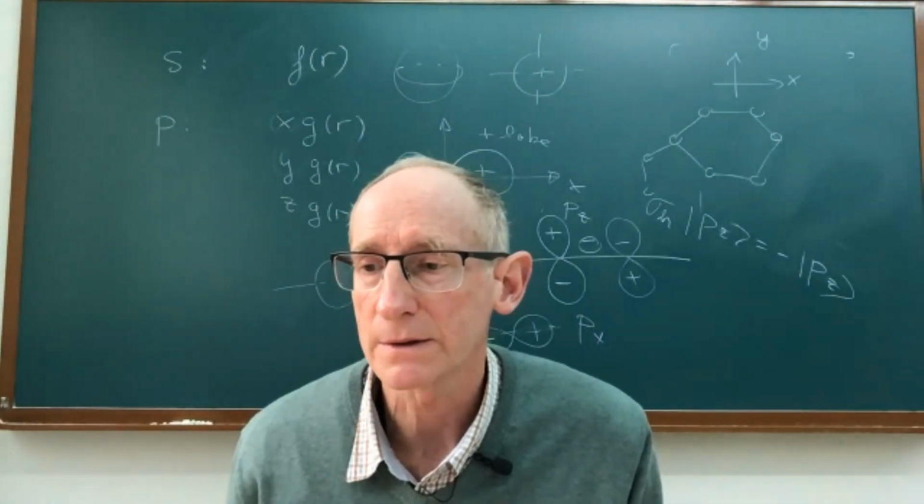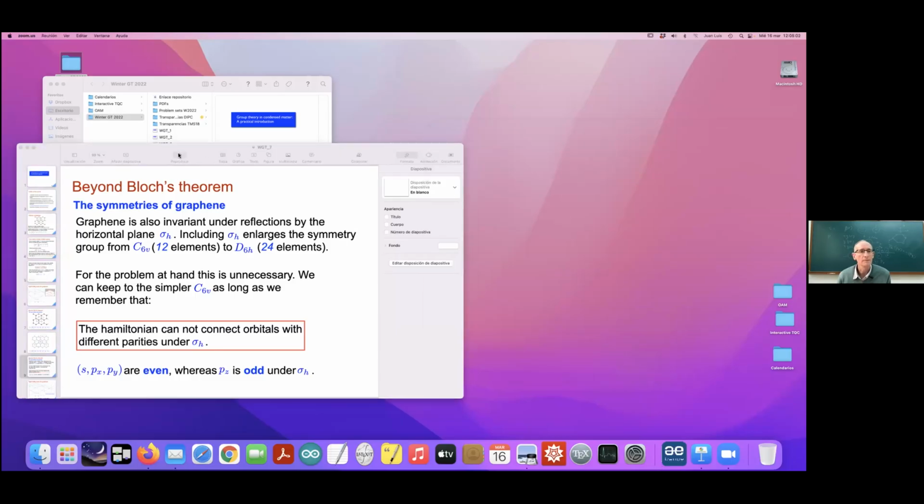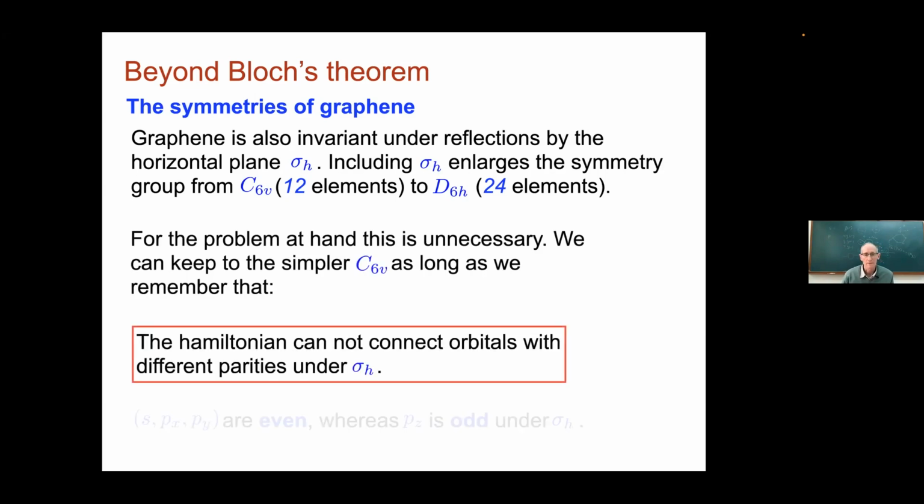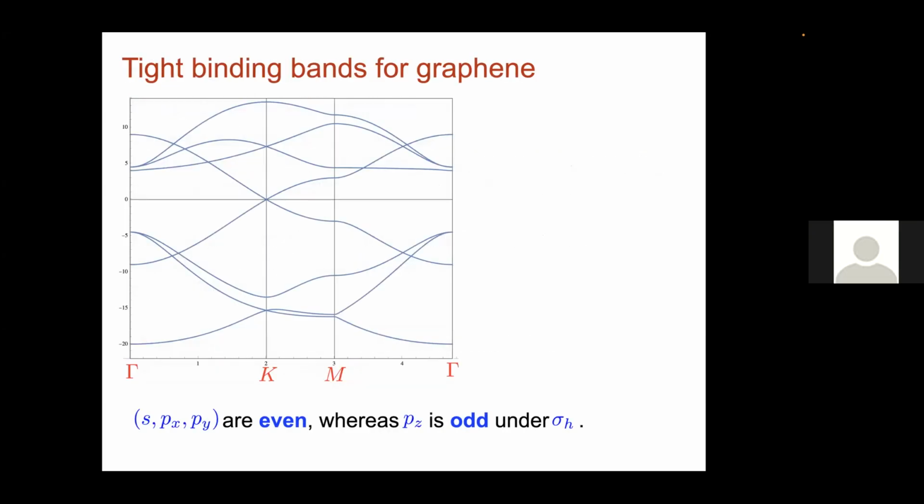Let's go back to this. So now, when I consider the tight binding model, these three orbitals are even, and pz is odd. So this means that the Hamiltonian matrix doesn't couple at all the corresponding Bloch waves that I construct from these orbitals and the Bloch waves constructed from this one.